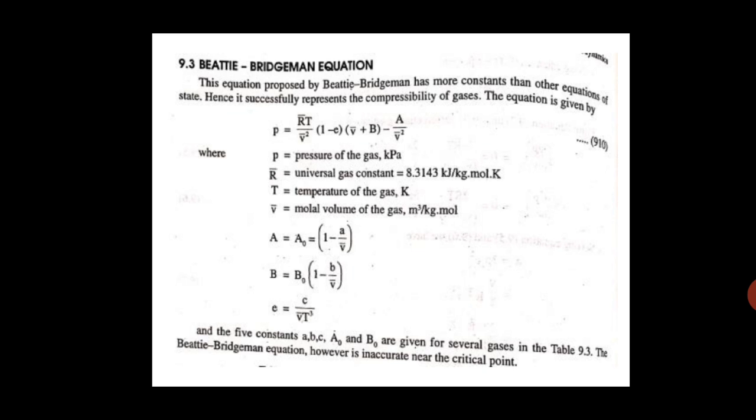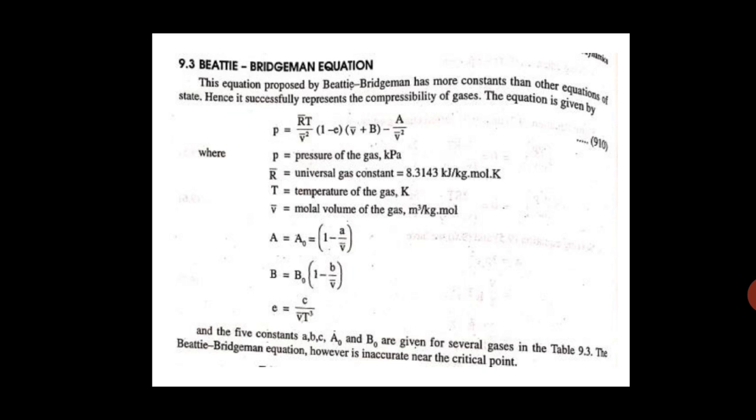The equation is P is equal to R bar T divided by V bar square, bracket 1 minus c, bracket close, in another bracket V bar plus B, bracket close, minus A divided by V bar square, where P is the pressure of the gas in kilopascal, R bar is the universal gas constant, T is the temperature of gas in Kelvin, V bar is the molar specific volume of the gas, and here you have got A, B, C, three constants.